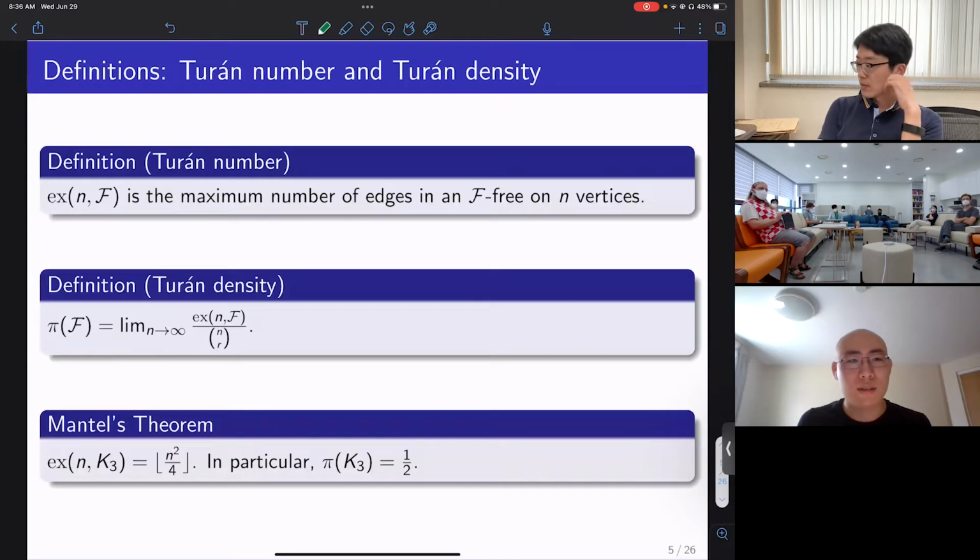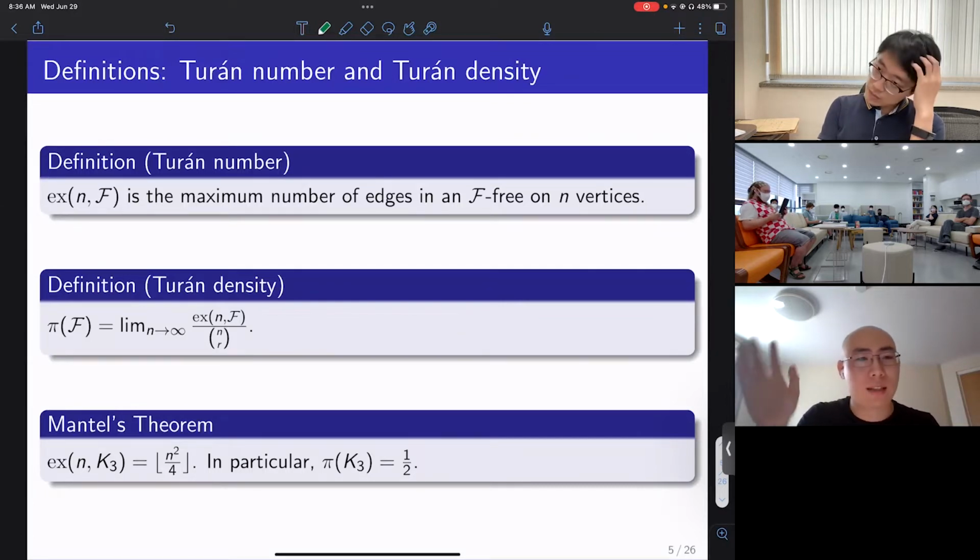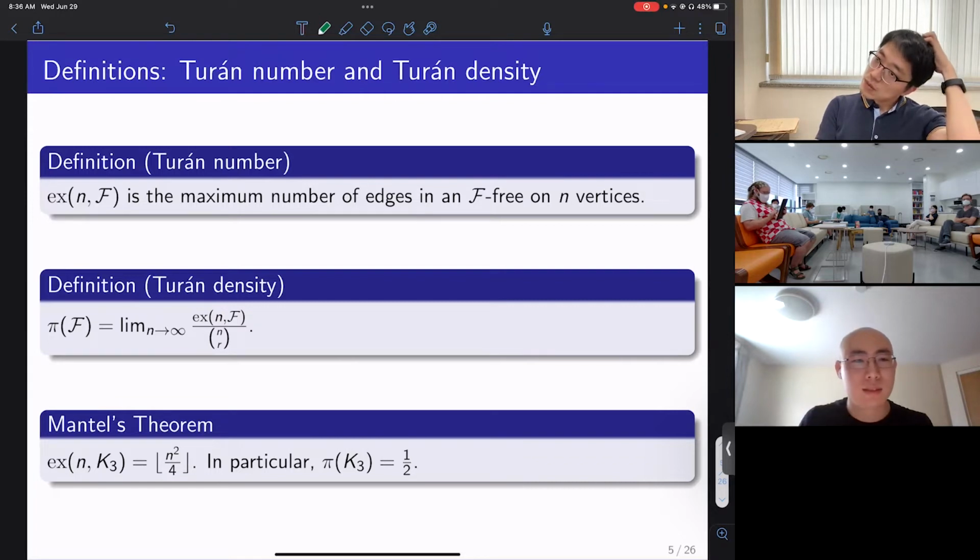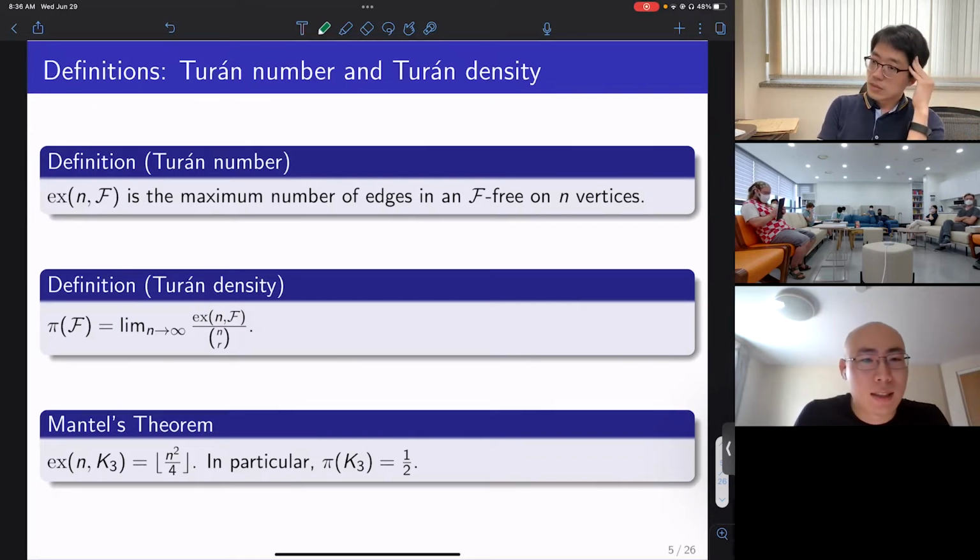So it's natural to generalize this result to another family. So here we define the Turán number. So given any family F, where F is a collection of hypergraphs that you do not like, there's a function, ex(n, F), meaning you forbid every member in F, and then you look at what's the maximum number of edges you can have.